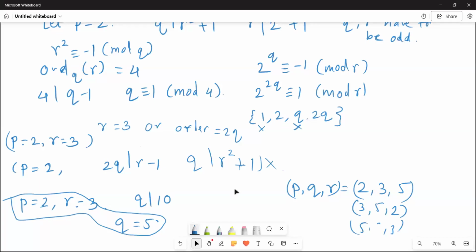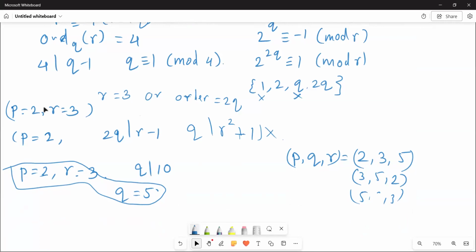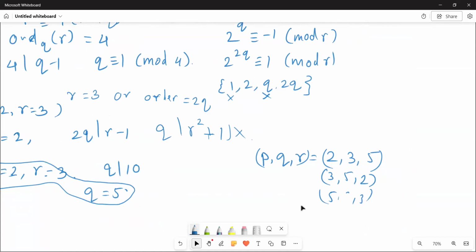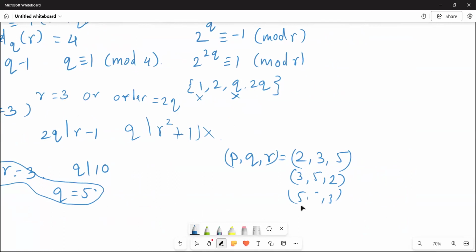Yeah. So we almost concluded that p is 2, r is 3, and we got that q should divide 10, and q is not equal to 2, so q is 5. So p, q, r is like 2, 3, 5, or you can do some cyclic permutation like 3, 5, 2 or 5, 2, 3. These are the only possible solutions. Not 2, 3, 5.